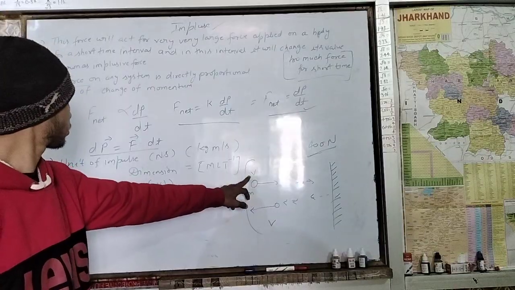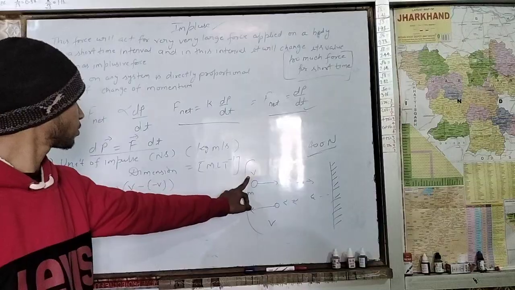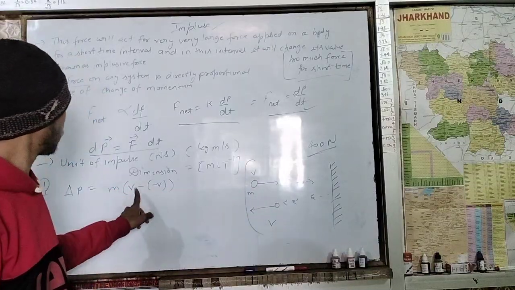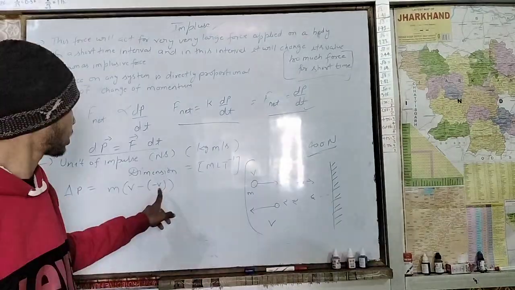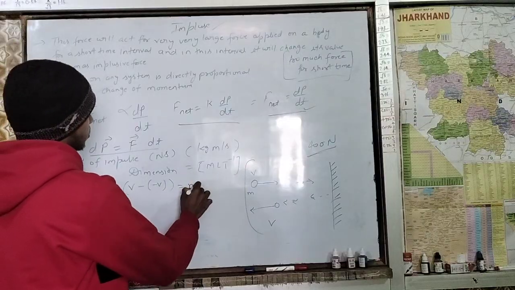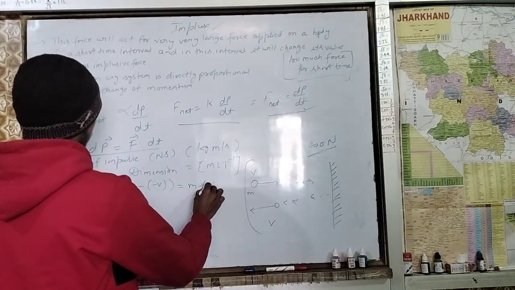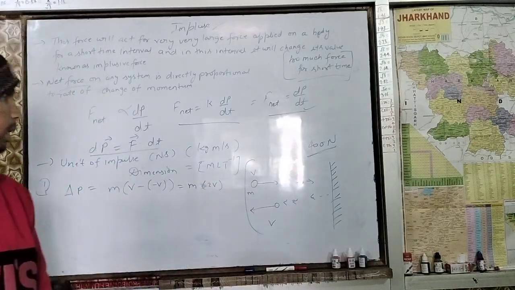So final minus initial: mv minus minus mv becomes plus, so m times 2v.